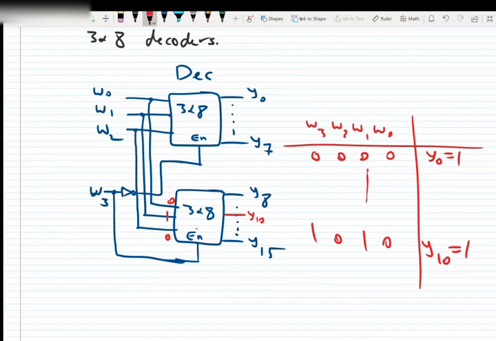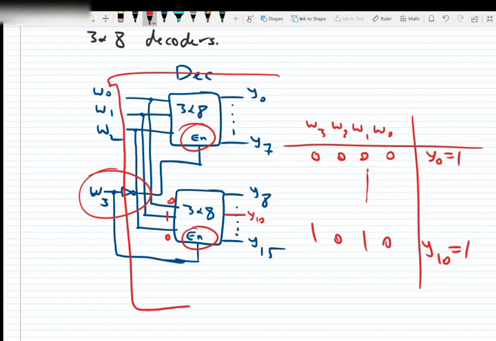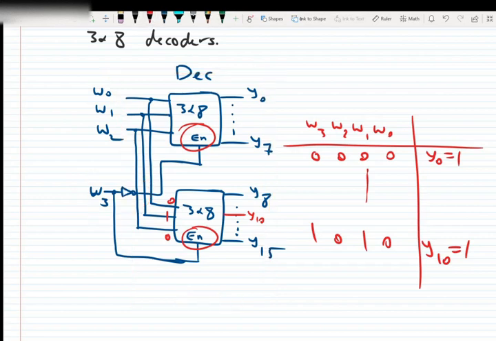It's correct that these small decoders have enable, but those are used as a selector for the decoders which are connected to W3. But if we consider the entire design as a 4 by 16 decoder, this 4 by 16 decoder doesn't have an enable input.